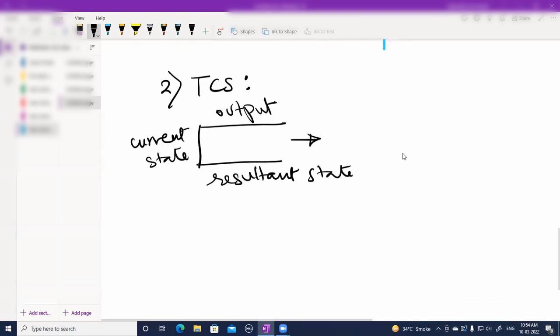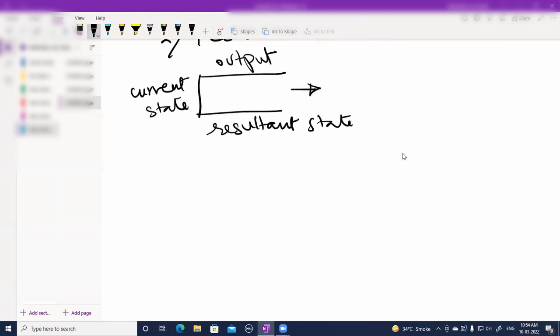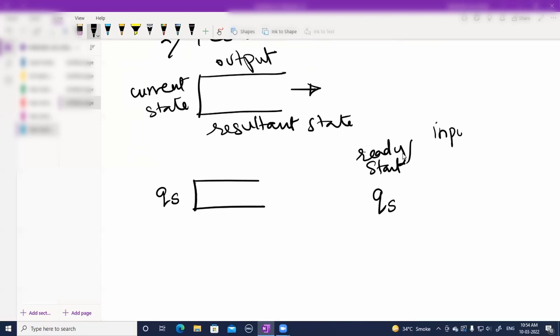Then we will go into designing. The initial state, which is ready for reading the input, is called QS. What is QS? It is the ready position, or the start state. That is indicated by QS. Which string is represented? Nothing. What output is generated? Nothing.